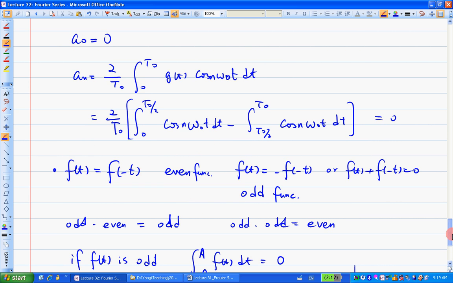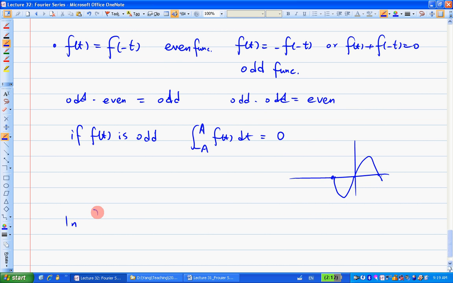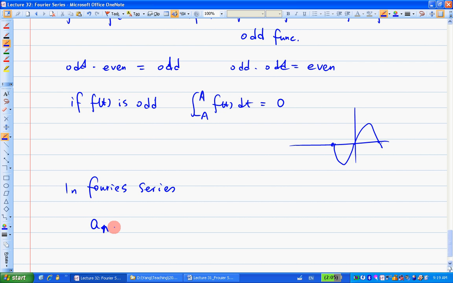Second of all, what I'm trying to say is about this integral here. The formula I gave you is 0 to t naught, right? So in the Fourier series, your formula for an, the 2 over t, 0 to t naught, and so on, is actually the same as integrating from negative t over 2 to t over 2.